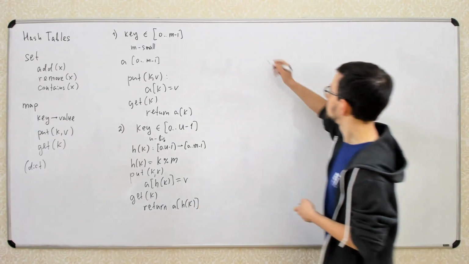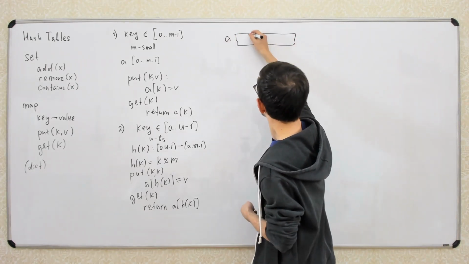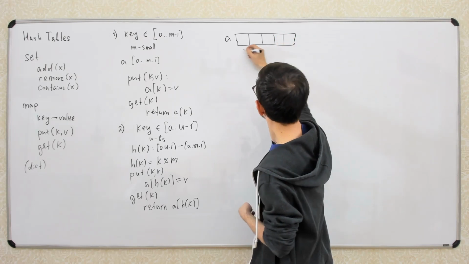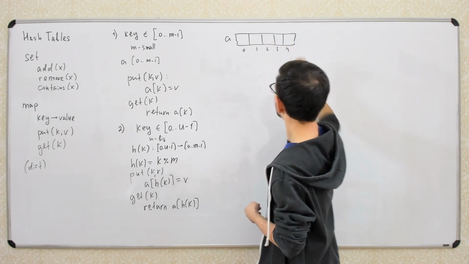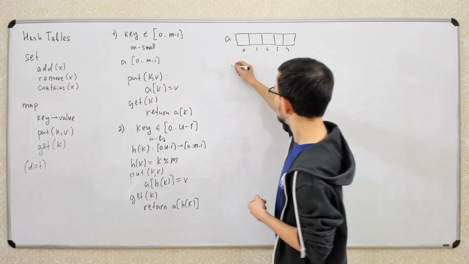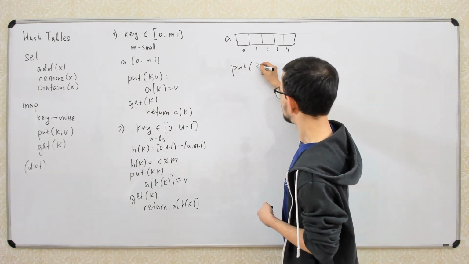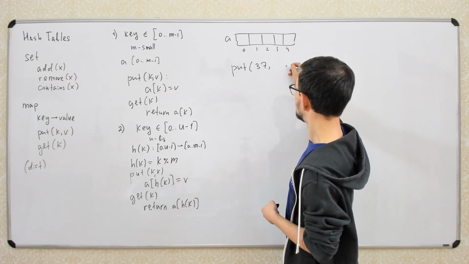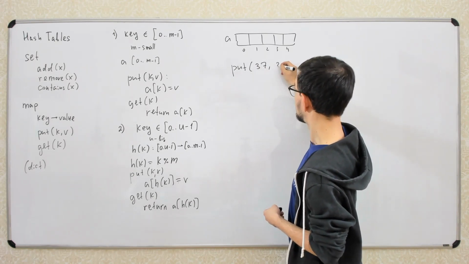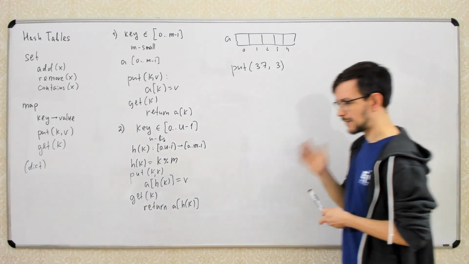Well, let's have some example. For example, we have this array of size 5. And we make put, let's say, for key 37 value 3. So what will happen?